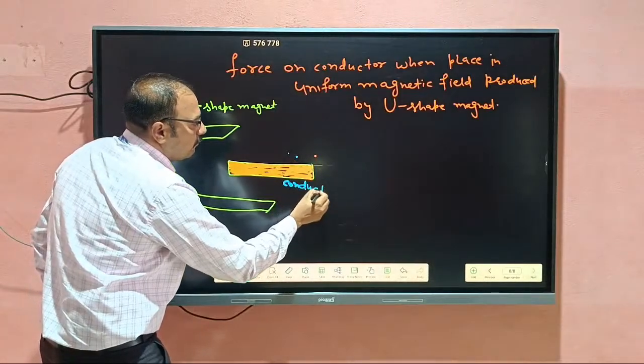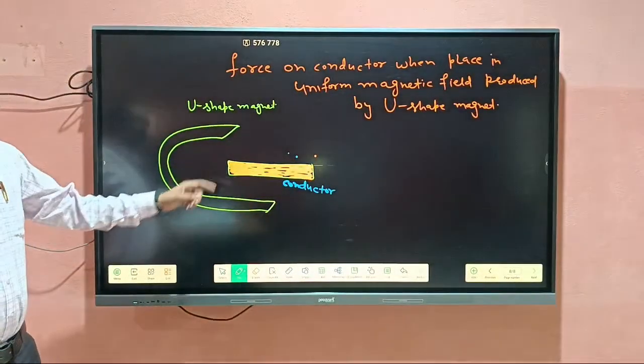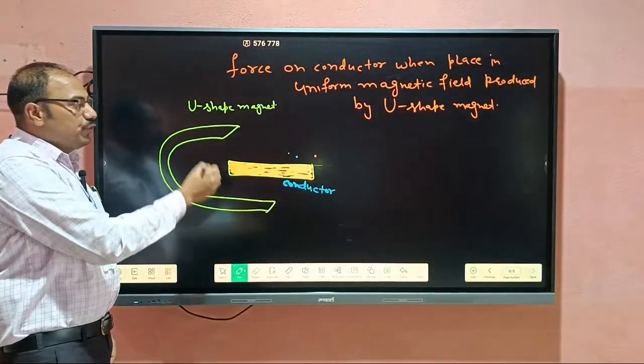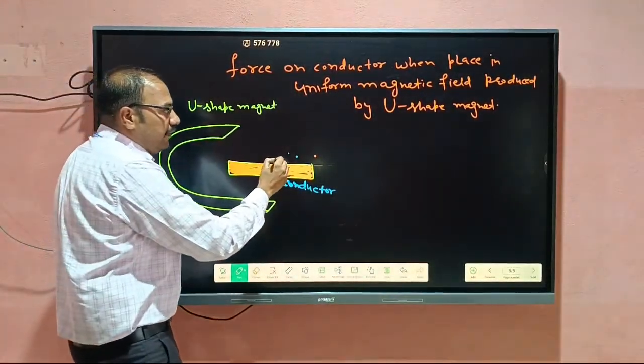So we place a conductor between the U-shaped magnet, and this conductor is tied with a stand.